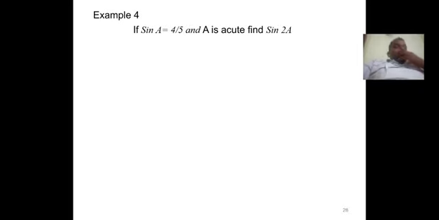And now similarly, we have to find certain values. If sin A is 4 by 5 and A is an acute angle, here acute angle indicates all are positive, sin theta or cos theta. Find the value of sin 2A.